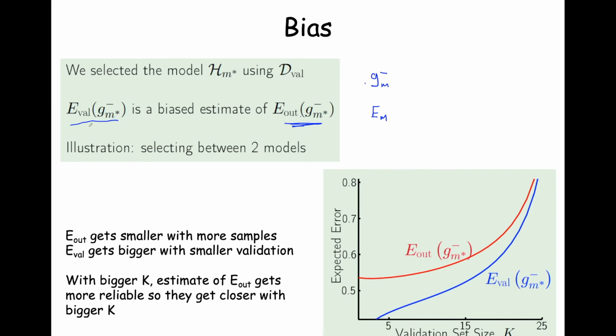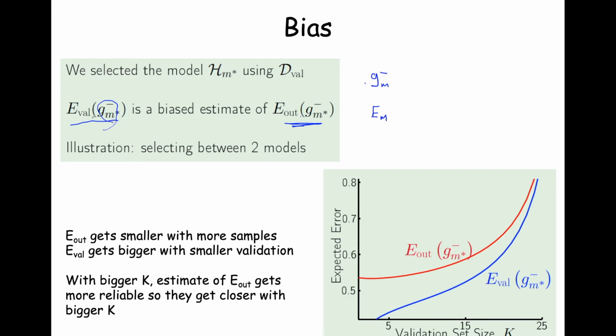That's what is referred to in this slide: E_val of g_m star minus, the validation error of the best of the final best hypothesis candidates, is going to be a biased estimate of the out-of-sample error of g_m star minus, because there's an associated out-of-sample performance of this g_m star minus.